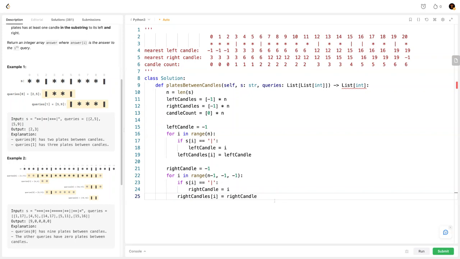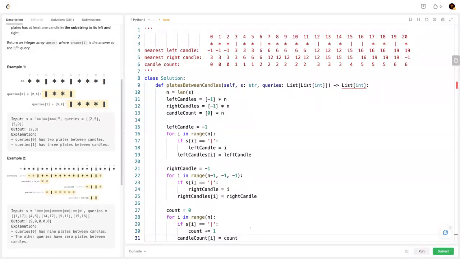Right, now we've generated the first two, and then we need the candle counter. So initialize it to 0, so we have 0 candles in the beginning. And the same here, for i in range n, the candle count plus 1 for each pipe, and we set the candle count at this position to the count.